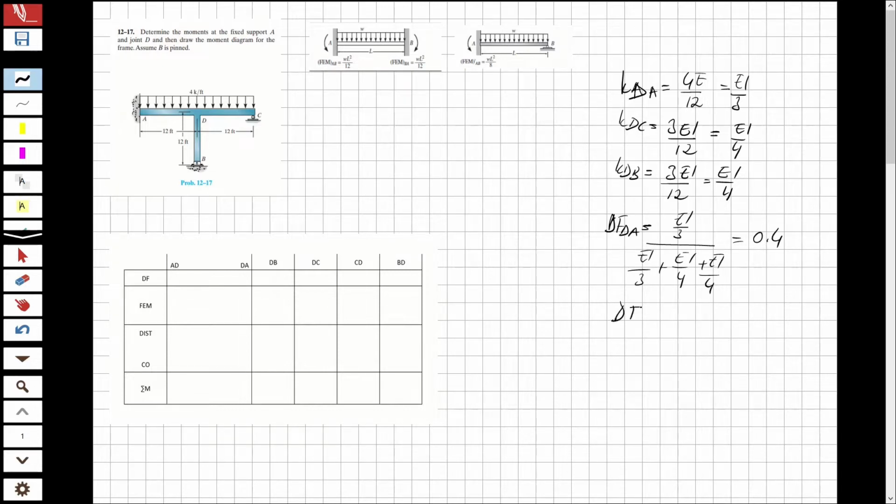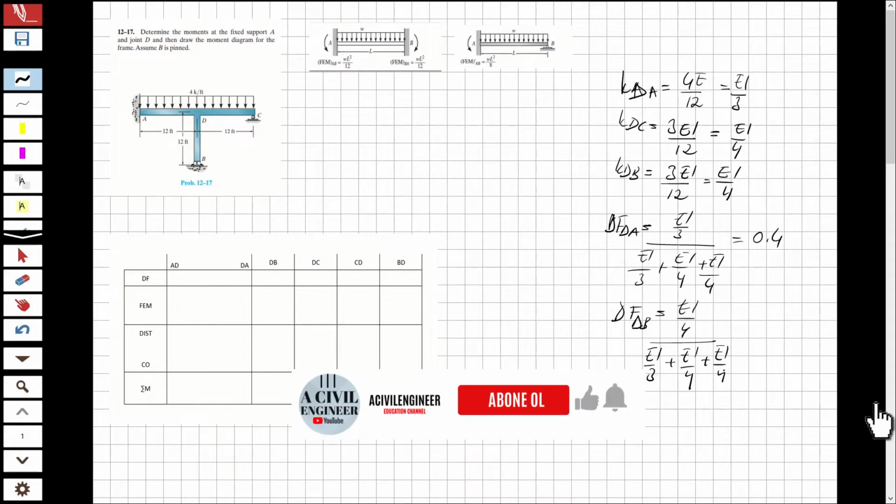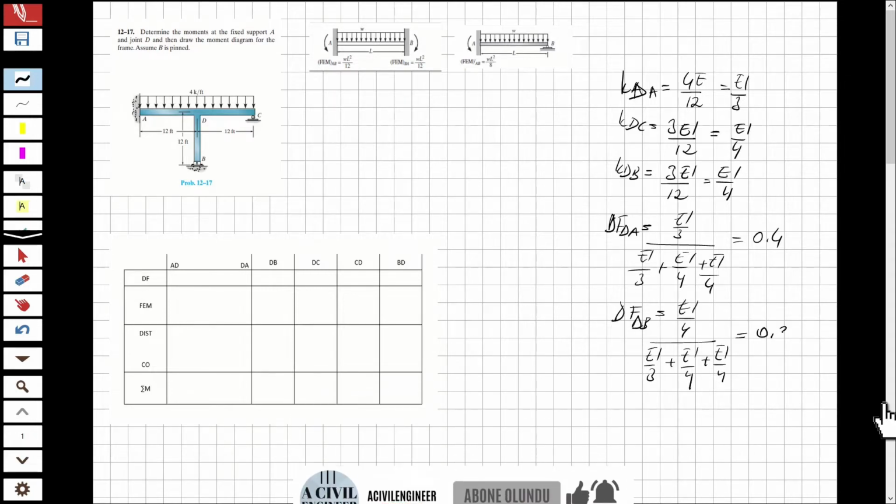For DB, it will be EI over 4 over (EI over 3 plus EI over 4 plus EI over 4), and that will be equal to 0.3.